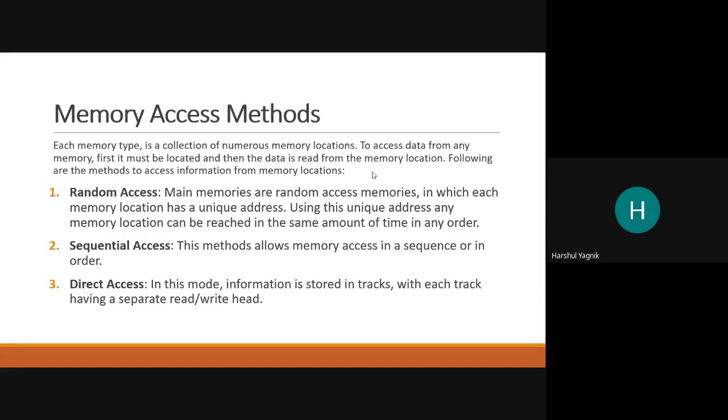Third one is direct access. In this mode of transfer, the information is stored in tracks, and each track has a separate read or write head. So each component of the registers has these tracks, and very fast transfer can happen.